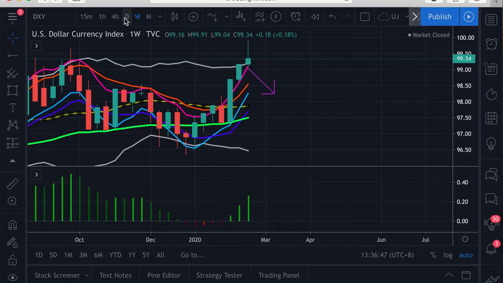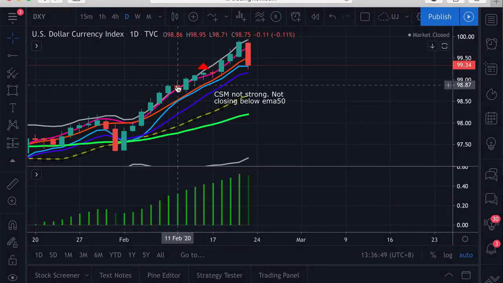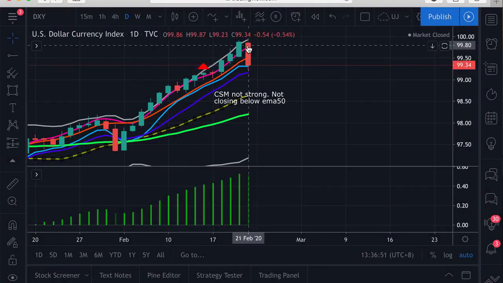Okay, and if we look at daily, daily is making an MHV sell. Candle close, rejecting the MA high and MA5 high and MA10 high. This is also almost a re-entry sell setup.